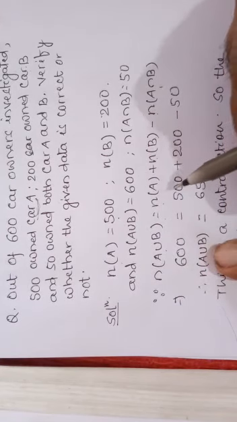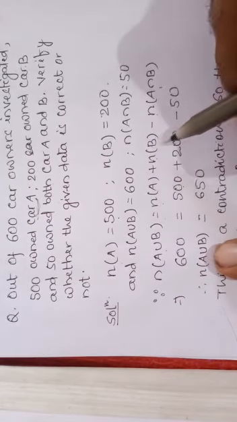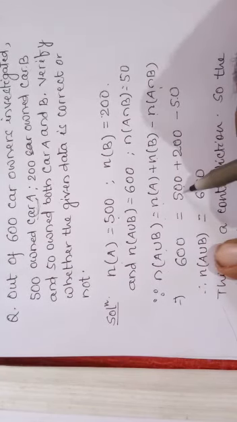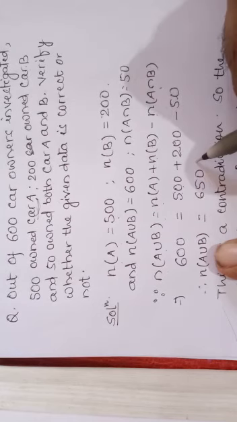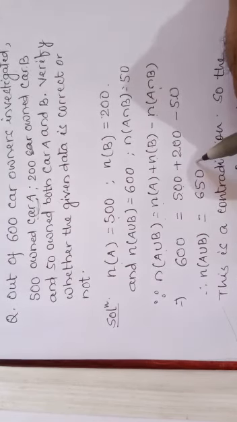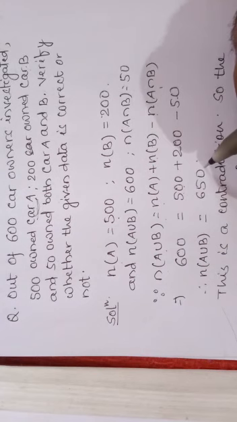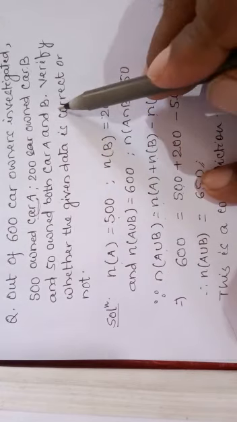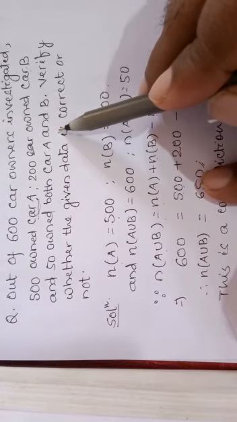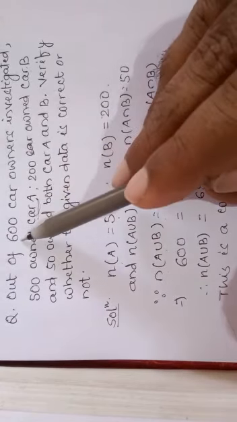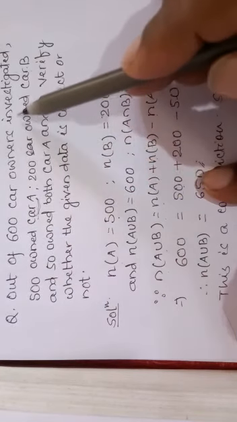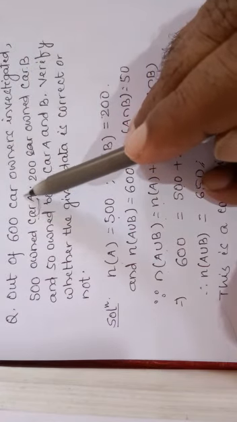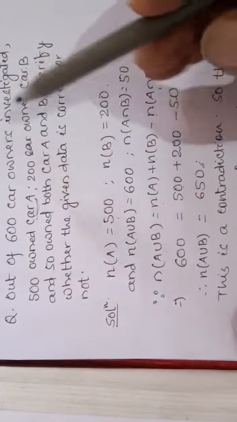Write down their values. 600, that should be 500, 200, 50. Calculate its value, 700 minus 50, which is 650. So N of A union B comes to 650 according to the given data, but it is given that only 600 car owners were investigated, means N of A union B is equal to 600.